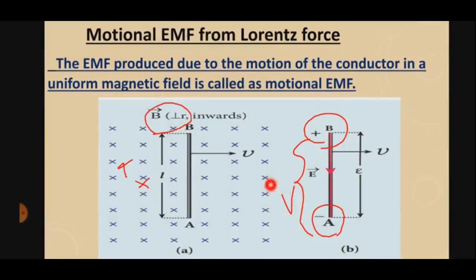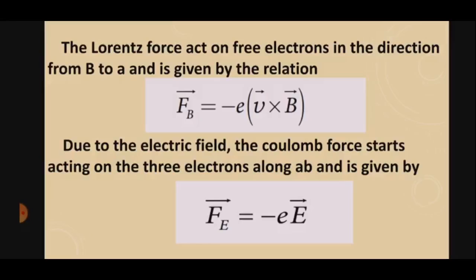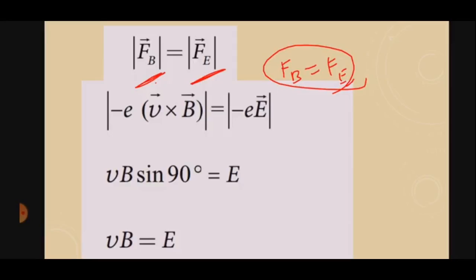The potential difference across the conductor is obtained by equating these two forces, electric force and magnetic force. Minus e into v vector cross B vector equals minus e into E vector.